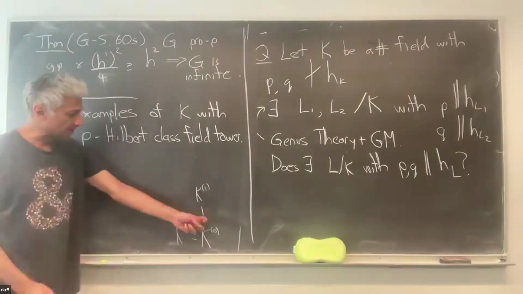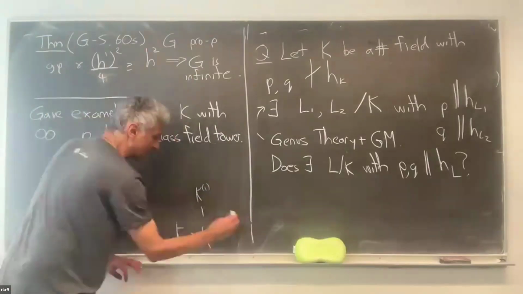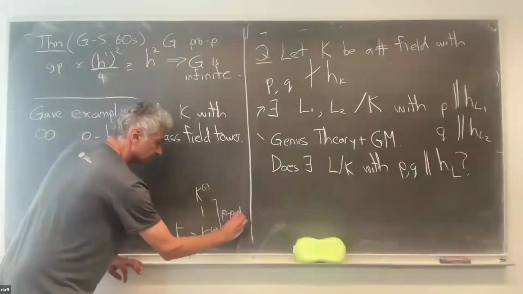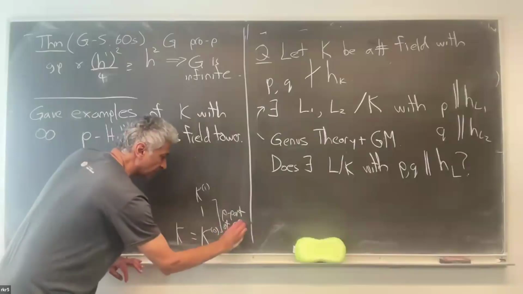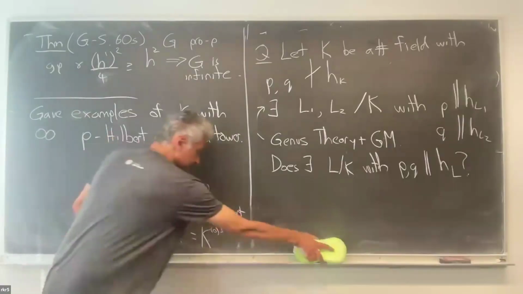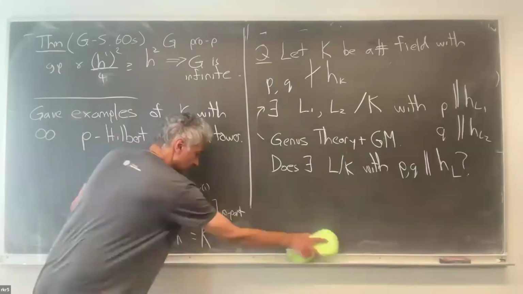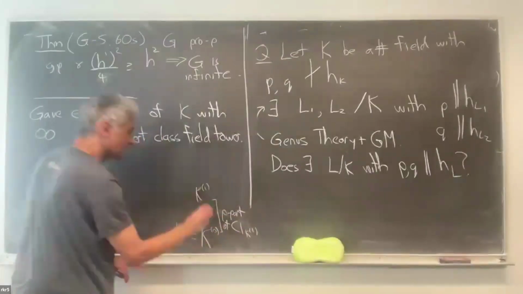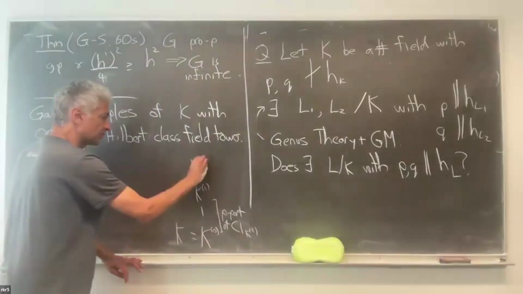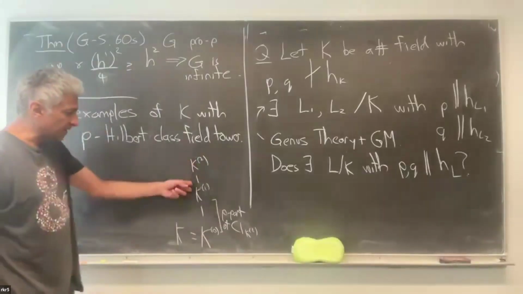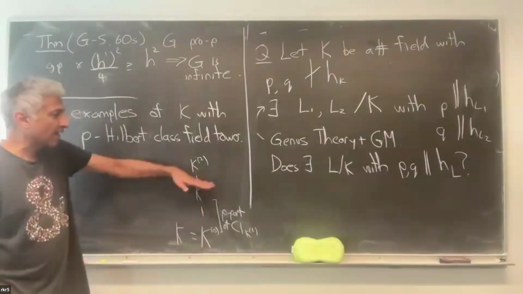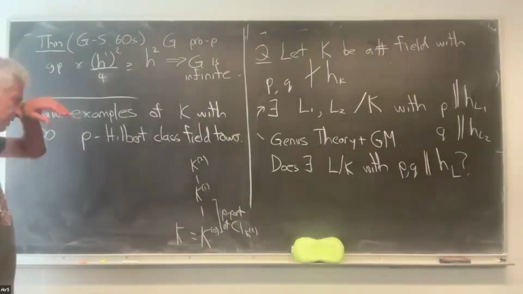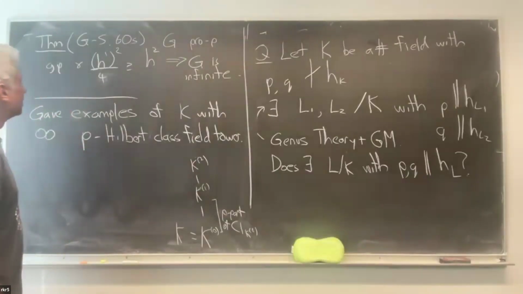And this Galois group is the P part of the class group of K0. The P primary part. And then K2, this Galois group will be the P primary part of the class group of K1, and the tower goes on forever.